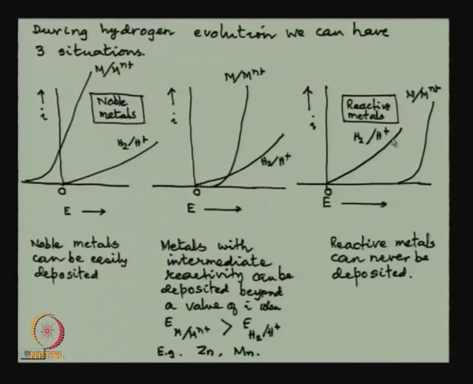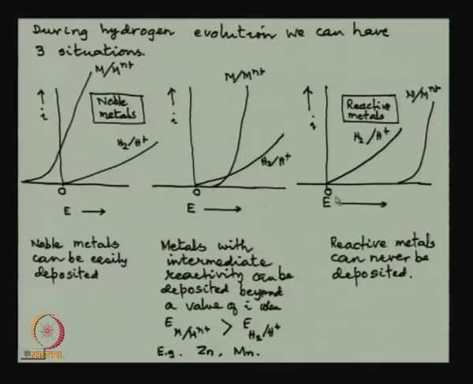On the other hand, if you go to the other extreme, very reactive metals, like, as I said, cesium, sodium, potassium, etc., with increase in current density, electrode potential will change for both hydrogen ion and metal ion, but there is no chance that you can go to high enough I to make metal ion potential higher than hydrogen ion potential.